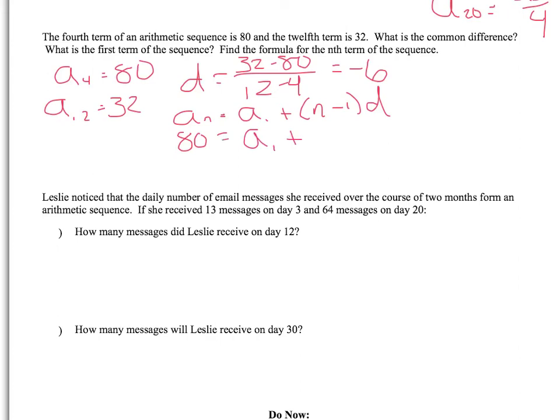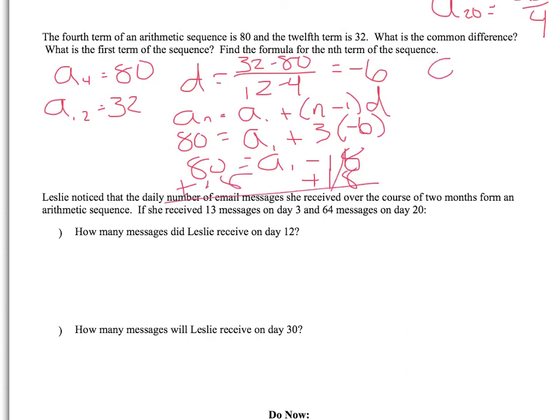Now, if n equals 4, n minus 1 is going to be 3 times negative 6. 3 times negative 6 is negative 18, so 80 is going to equal a1 minus 18. To solve for a1, we add 18. a1 equals 98.